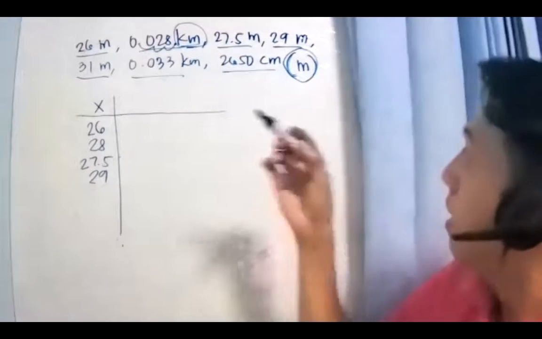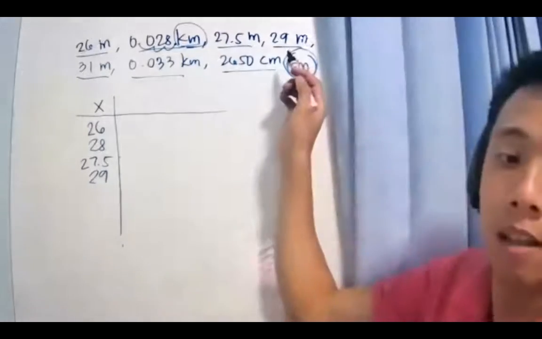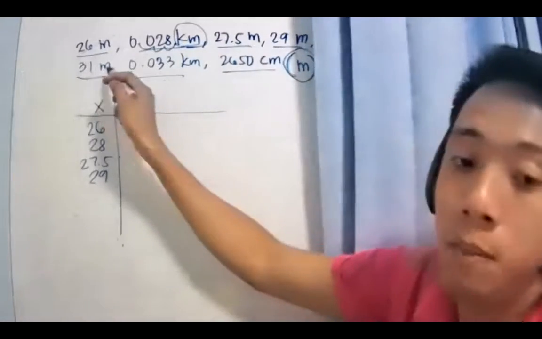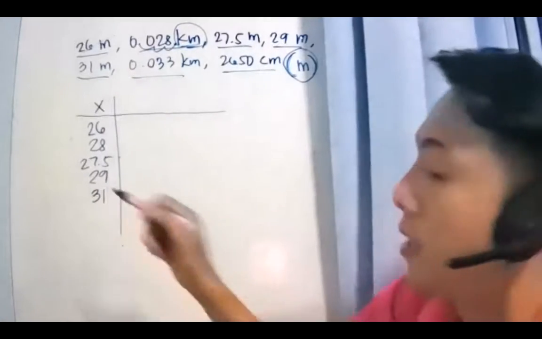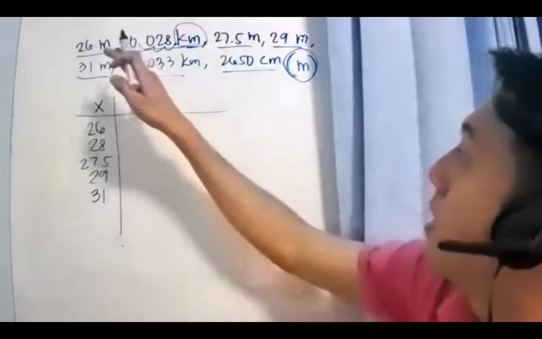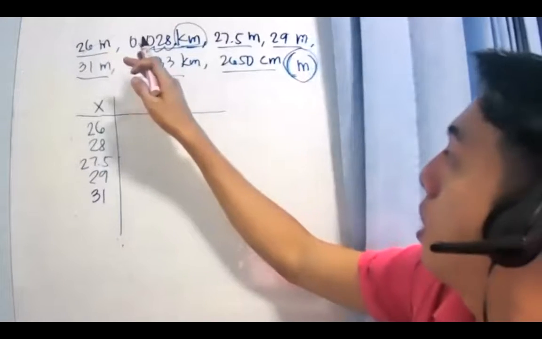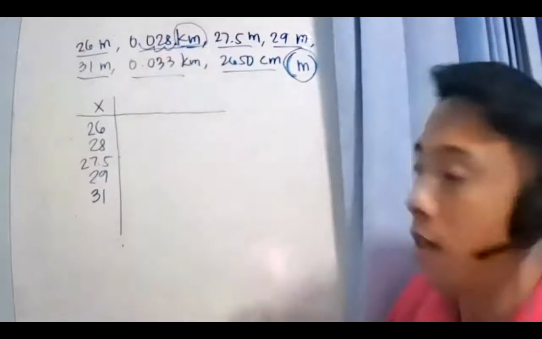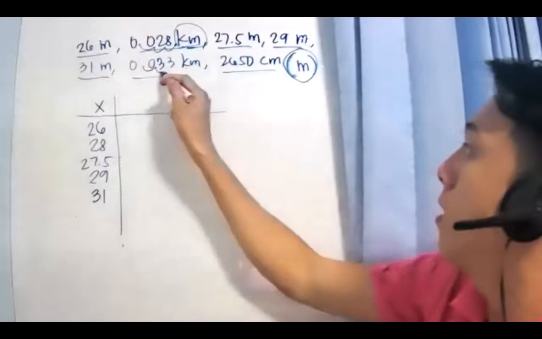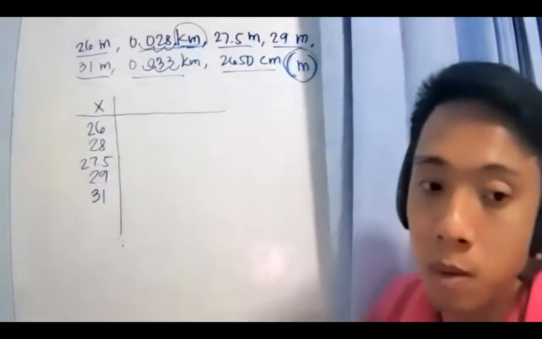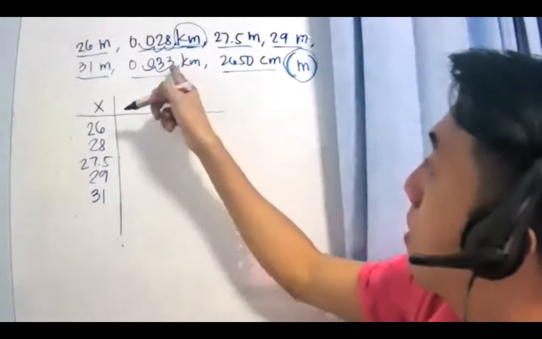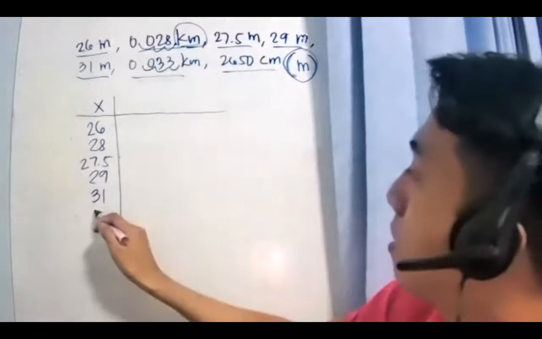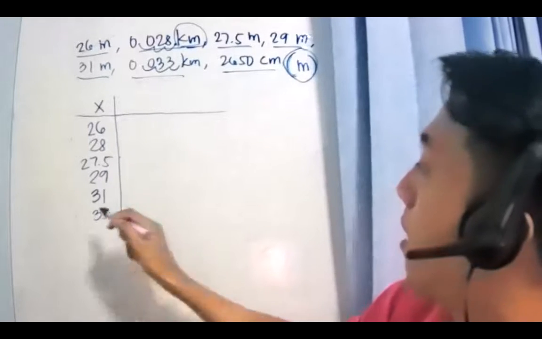Okay. Asan tayo? 29 and then 31 meters. So still meter, so I will put that one 31. And then 0.033 kilometers. Again, I will just move decimal point 3 times para maging meters. Tama? So, from kilometers, it will become meters and the answer is 33 meters.